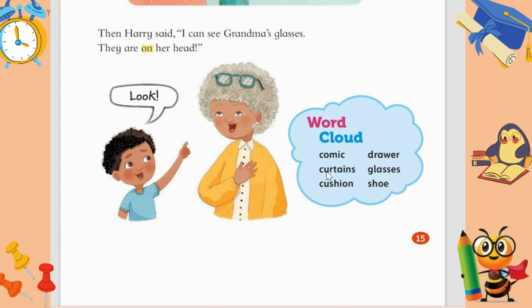Shoe. So let's read with me. Comic, drawer, curtains, glasses, cushion, and shoe.